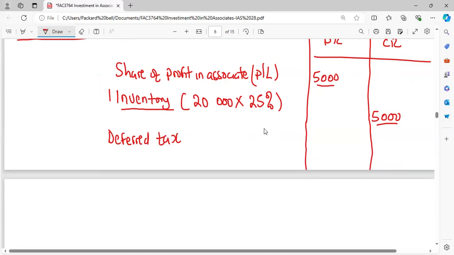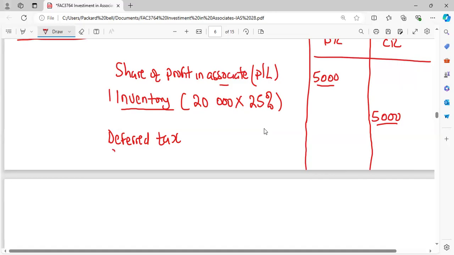Here we are dealing with an associate who is having the profit. So it's no more going to be income tax. Remember, we don't take the income tax expenses for the associate to the consolidated statement.